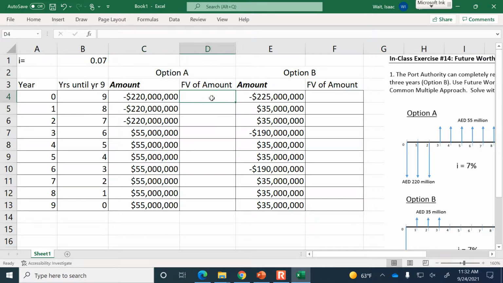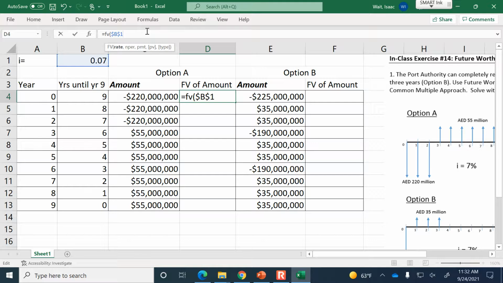Okay, so the FV function equals FV parentheses. Okay, it wants to know the interest rate, so we'll click on the interest rate and anchor the reference. Remember, you can do that either by pressing the F4 button or by putting in the dollar signs manually in front of the letter and the number.